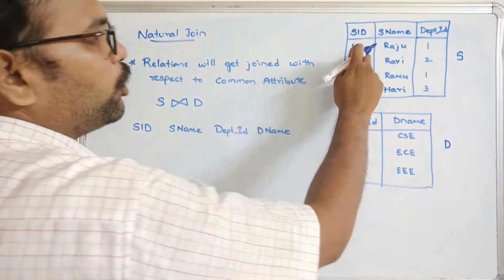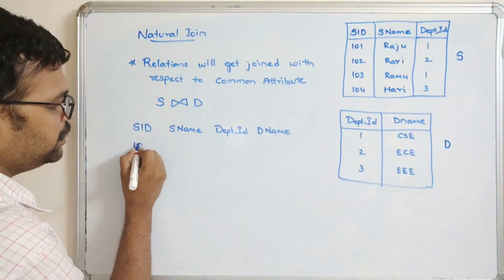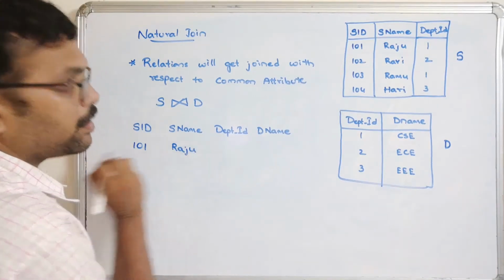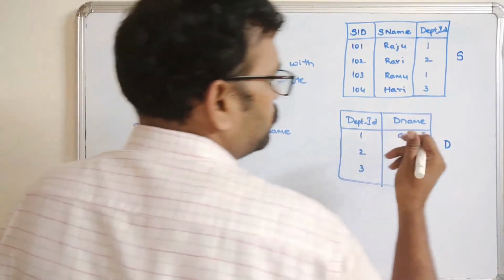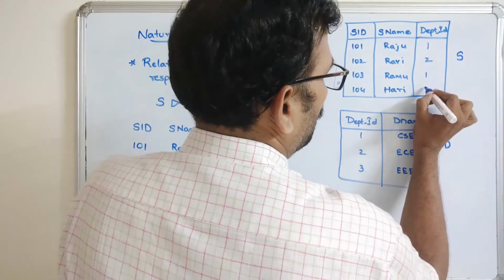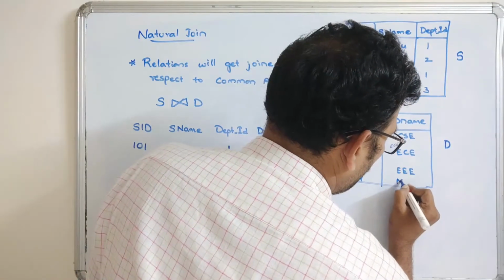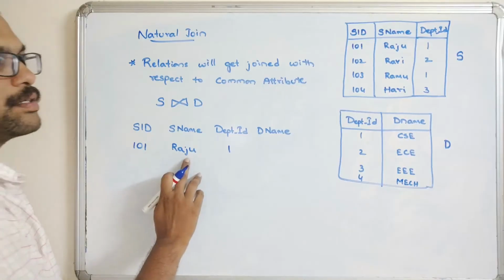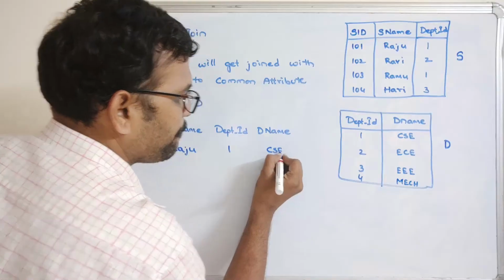So coming to 101 with department 1, right? 101, the name is Raju and department ID is 1, which is CSE.